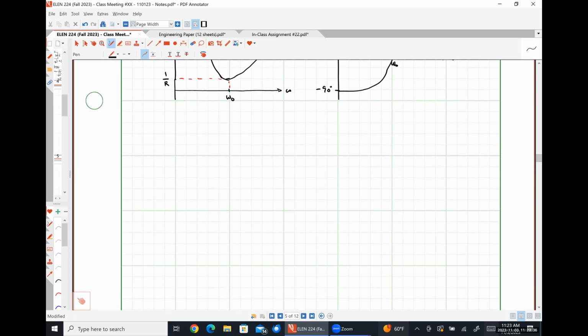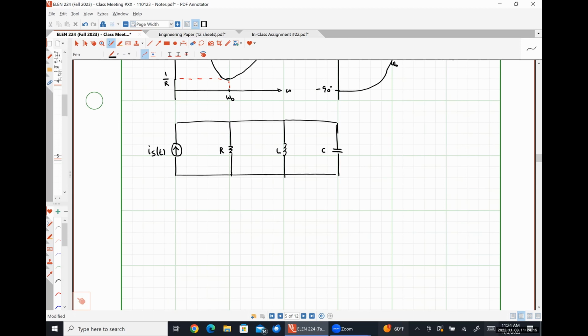We're going to look at a system which is excited at its resonant frequency and contains some resistance R in parallel with some inductance L in parallel with some capacitance C. Like so.